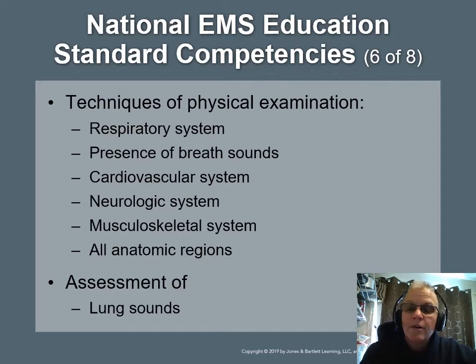We're going to talk about a neurological exam, how to assess for strokes quickly and do a fast exam. We're also going to try to figure out musculoskeletal, which is also part of a neurological, where we assess pulse, motor, and sensory in extremities, and then basically just how to assess all the parts of our bodies.